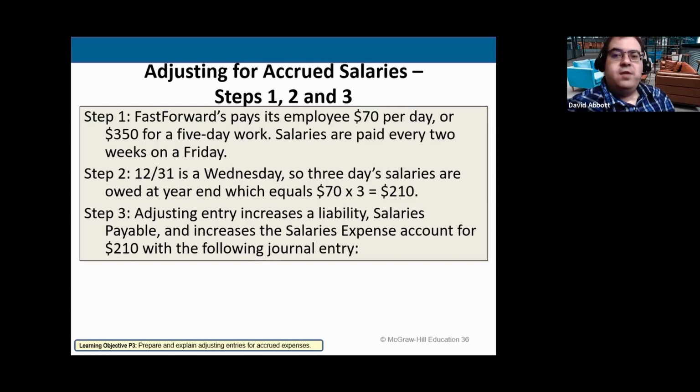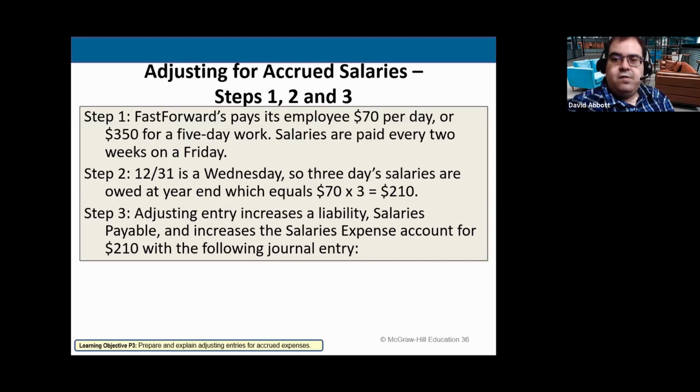12/31 is a Wednesday, so 3 days salary are owed at year end, which equals $70 times 3 equals $210. So they've paid the previous Friday, and then they worked Monday, Tuesday, and Wednesday.